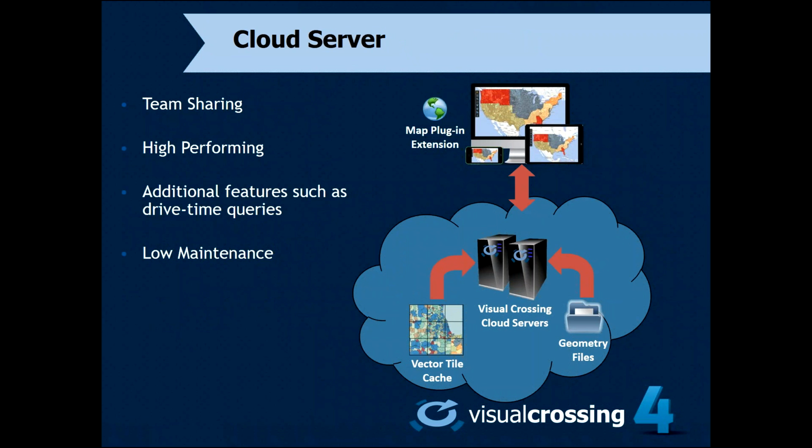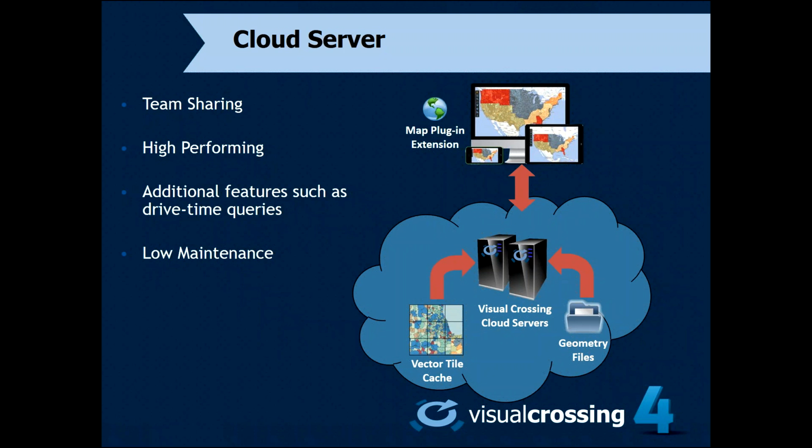And then, of course, there's the cloud server version, which is effectively where you're connecting with the plugin to do a couple different things. You can store all of your metadata up in the cloud, and you can also utilize the vector tiling cache, which is a tile cache that's shared amongst all users. That'll give you a dramatic performance benefit as well. We highly recommend it for when you start getting into the team structures or departmental structures and above.